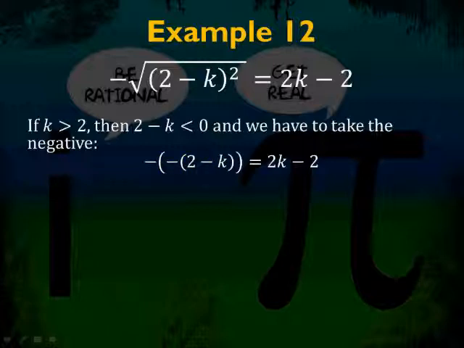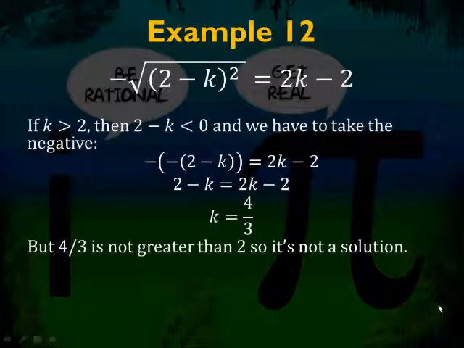So let's simplify that. That merely becomes 2 minus k, as the two negative signs cancel each other out. So now you solve for k, and you get k is 4/3. But there's a problem here, because 4/3 is not greater than 2. So this is actually not in the domain of k for this part of the problem. So we have to throw it out. So the only solution to example 12 is k equals 0.